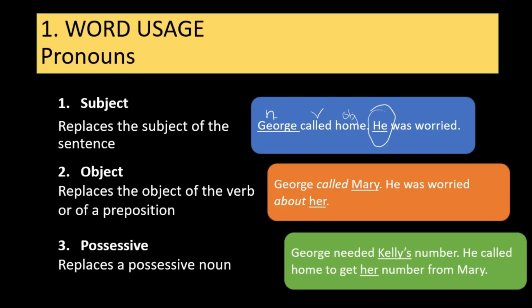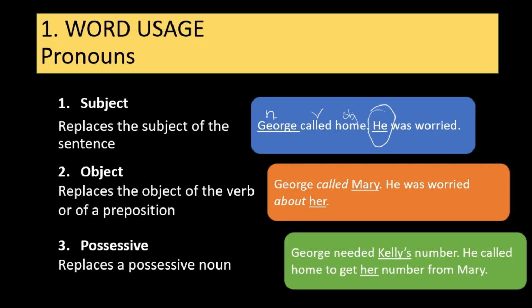So when it comes to your extended writing response, you want to make sure you are using the correct pronoun to replace the subject, the object, whatever it is in your sentences that you're trying to share. But let's look at the second example for object pronouns, which once again replaces the object, whatever's on that receiving end of the verb.